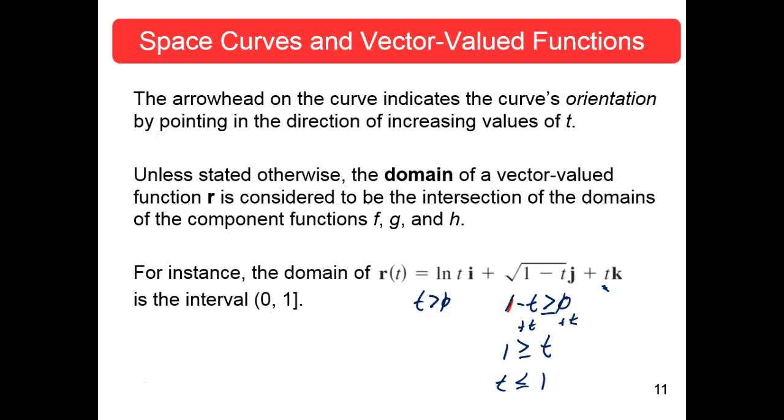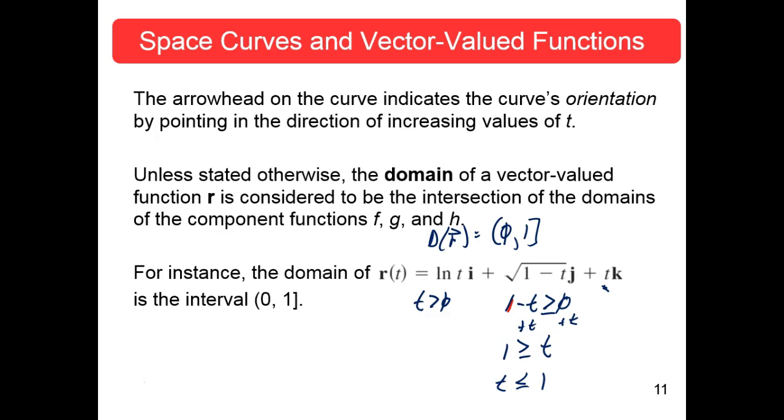So the domain for this vector-valued function r can only be, in interval notation, 0 to 1 bracket. That's all, folks. You can't go anything negative, or else this isn't defined.